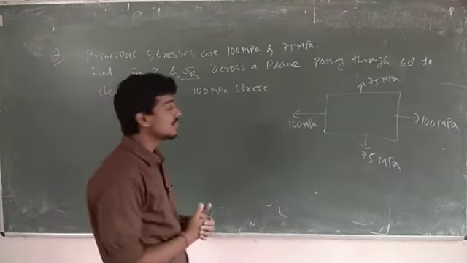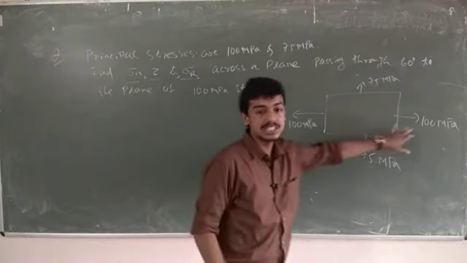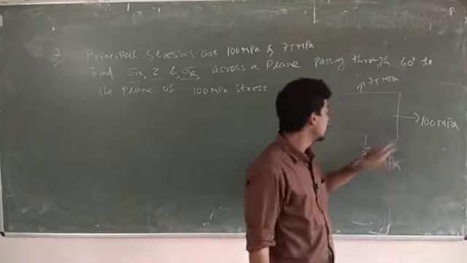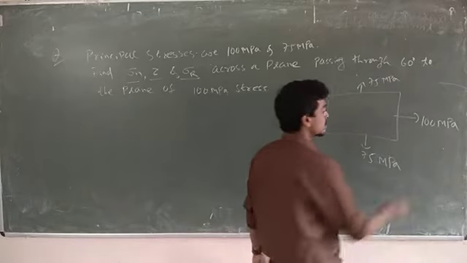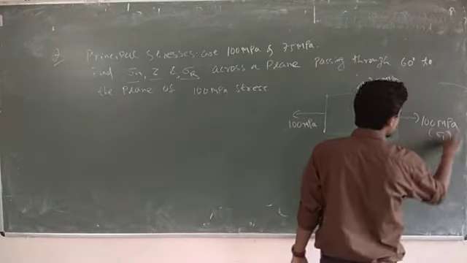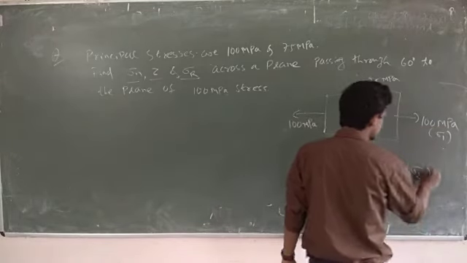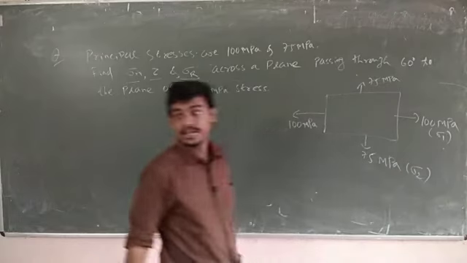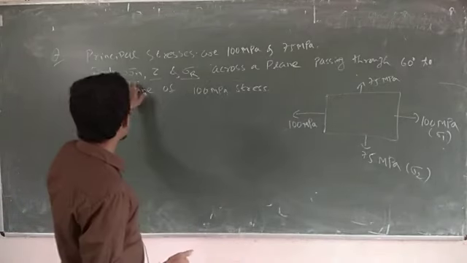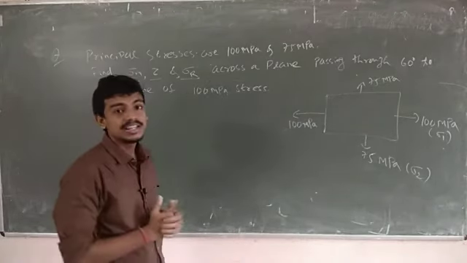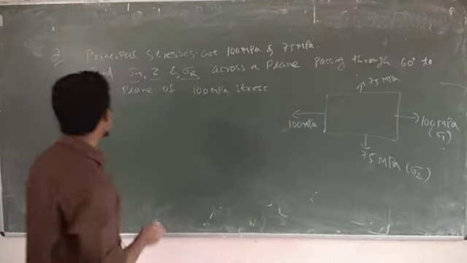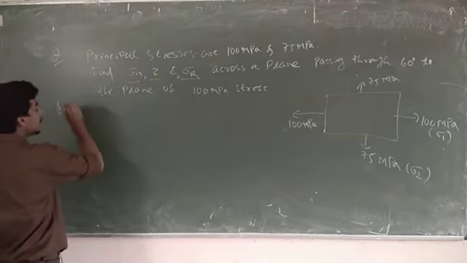So these values are given. This is the major principal stress, 100, and here is the minor principal stress. I am denoting them as sigma 1 and sigma 2, and you have to find the normal stress, shear stress and resultant stress. So just put the formula.